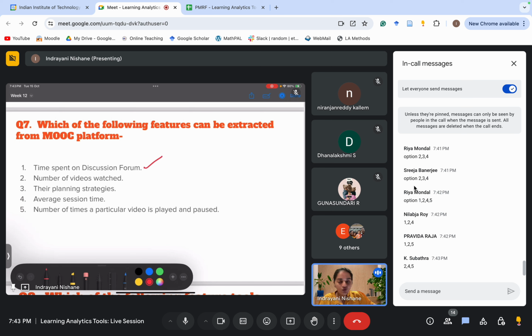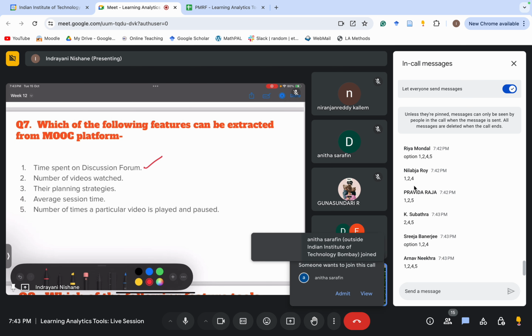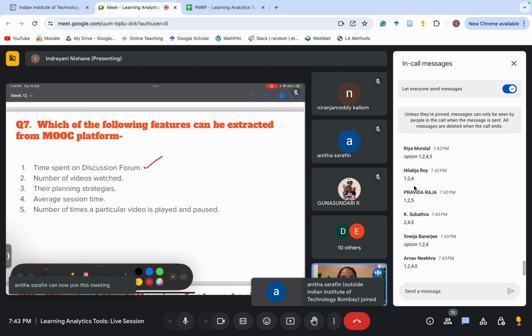We can calculate time spent on discussion forum, or on watching videos, or on looking at the lecture slides. All this time spent can be calculated because we are capturing the timestamp associated with that particular action.